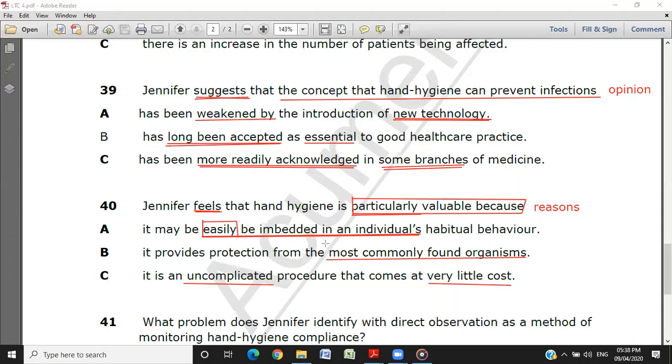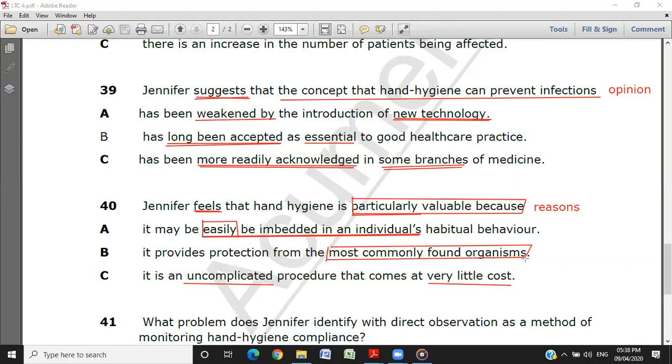Now, here it says most commonly found organisms. I would like to ask all of you a question. What is the difference between many and most? Are these two different terms or are they both the same?